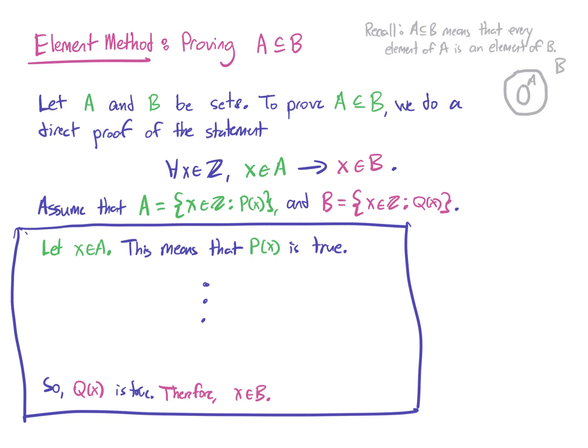Then I do some math in between and show that Q of x is also true. Therefore, x is an element of B. So the element method allows us to prove that one set is a subset of another one. The method is just a specific way of setting up a direct proof, and we're going to see an example momentarily.